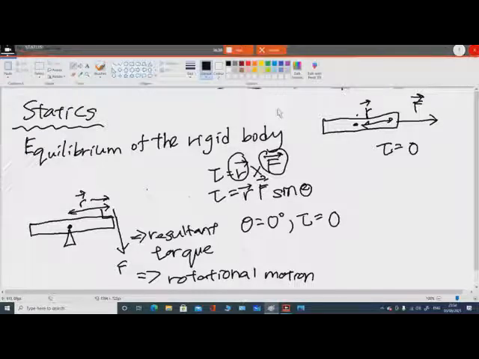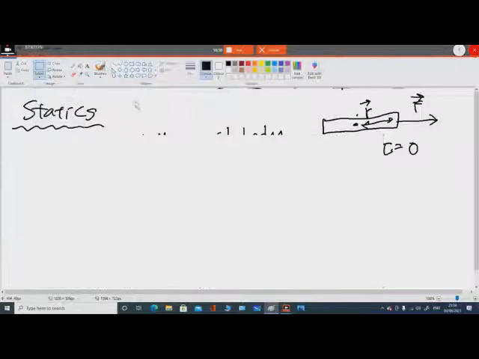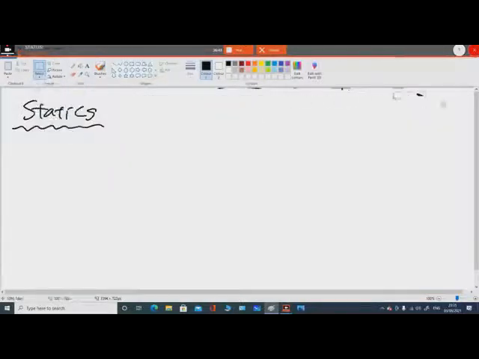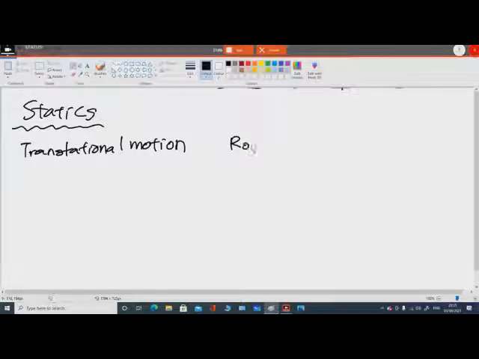Let me erase this one. As we discussed just now, there is translational motion and rotational motion, as we discussed from the previous parts.